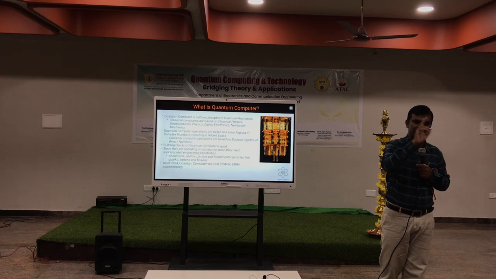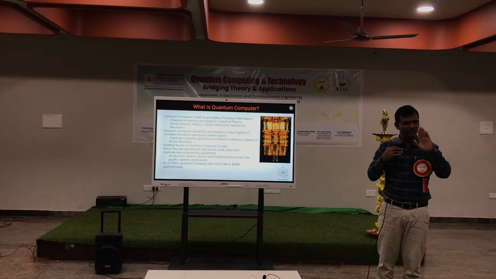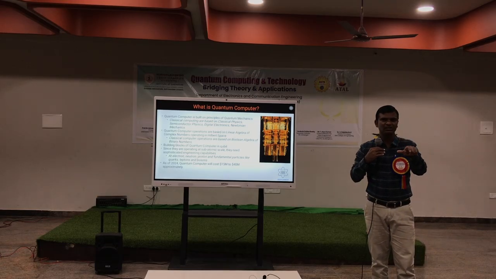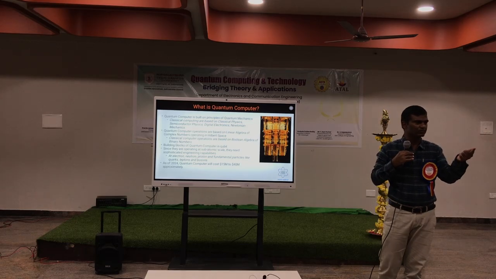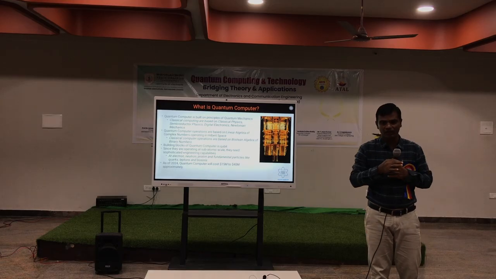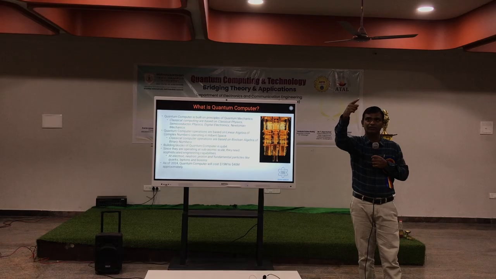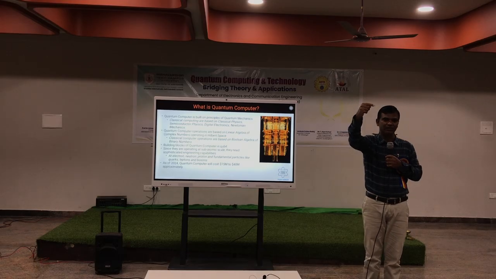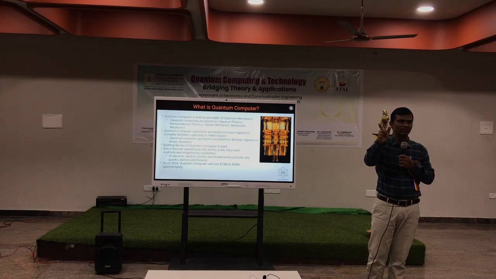Only these two things. You get one result set, but you cannot tell beyond that. But in quantum computing, if the coin is spinning in the air, it can exhibit both values at a time.